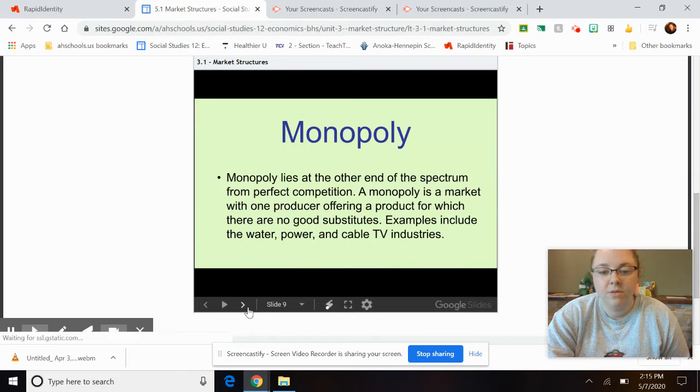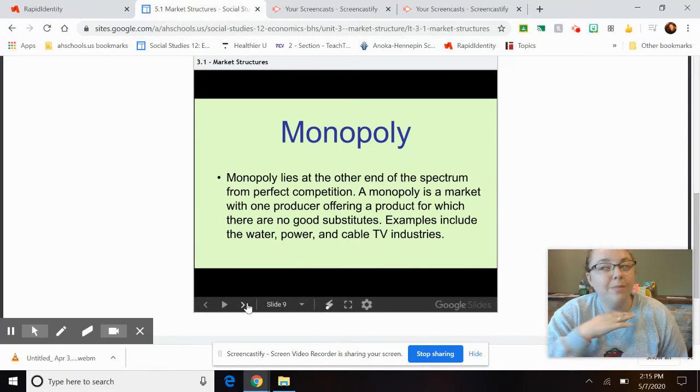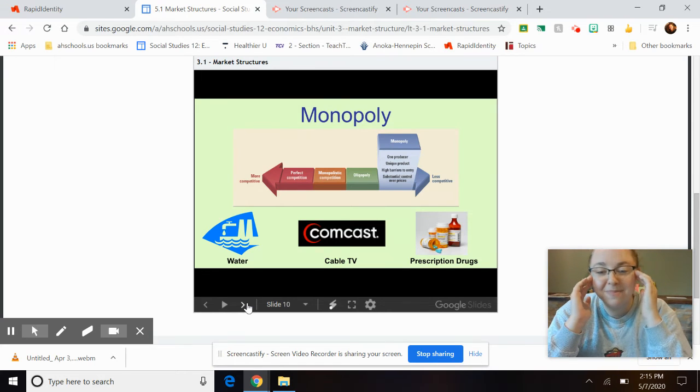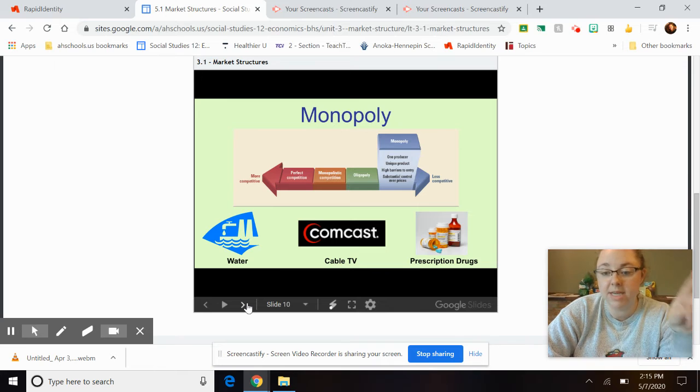Okay. A monopoly is on the complete other end of the spectrum. It is the complete opposite of perfect competition. So a monopoly is one producer. One single person owns the entire industry. And they have unique products.